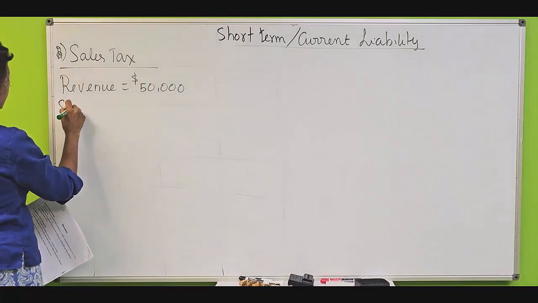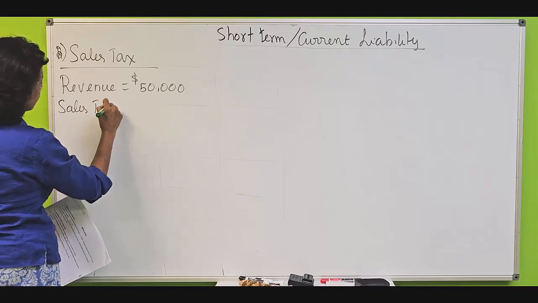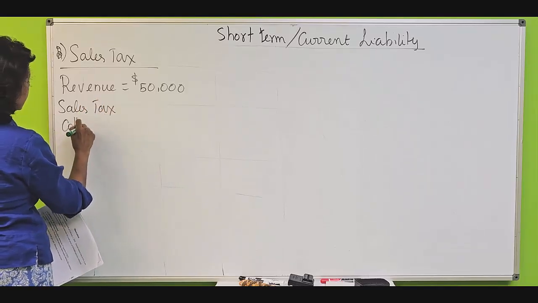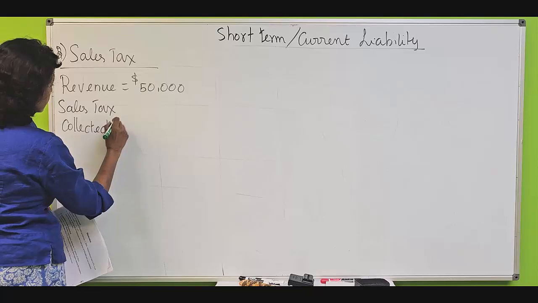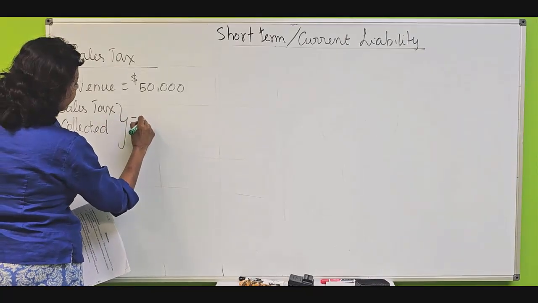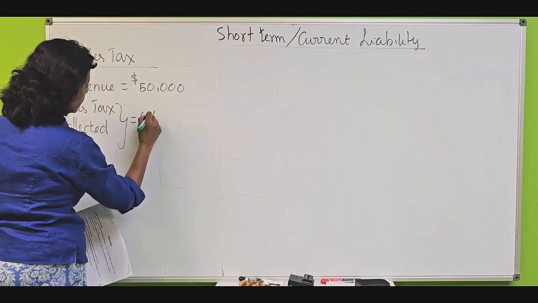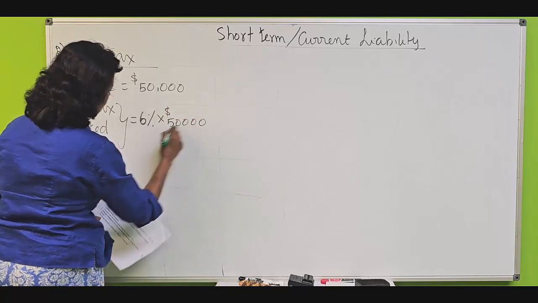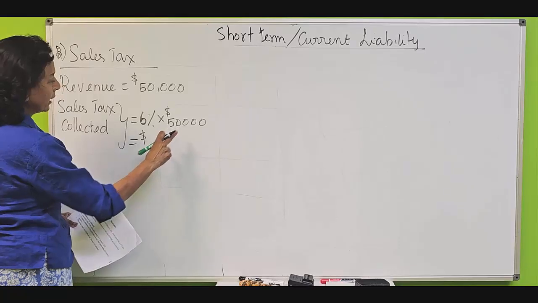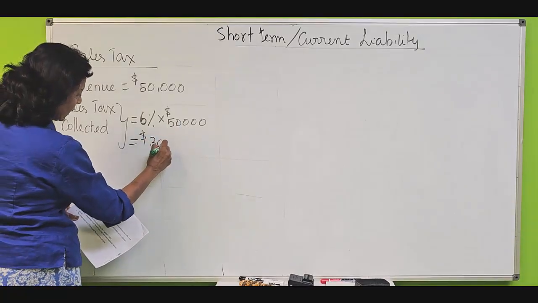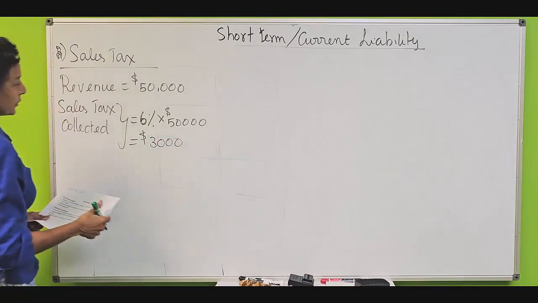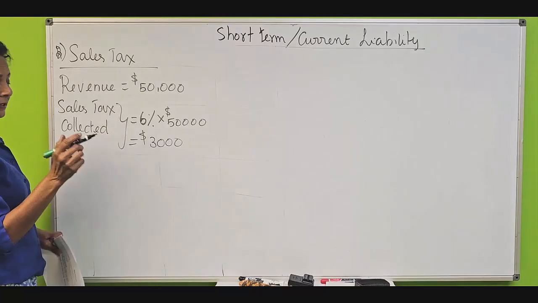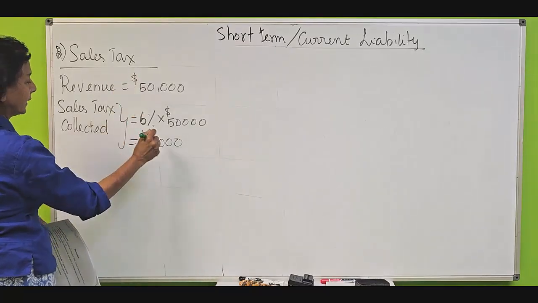So here the sales tax collected from the customers equals 6% times $50,000. That equals $3,000. So the company is collecting a total of $50,000 and $3,000.